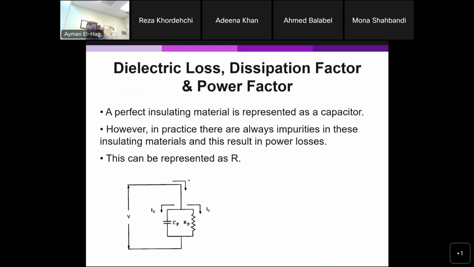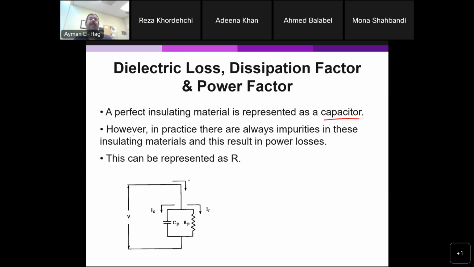The second test is the dissipation factor, sometimes called the dielectric loss factor or the power factor. They are different names, and they are a bit different, but at the end of the day, they are very close values. Now, a perfect insulating material is basically represented as a capacitor. Now we know from the Megger test that's not correct.